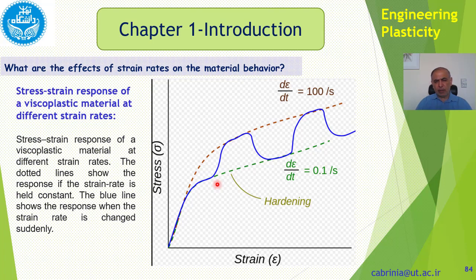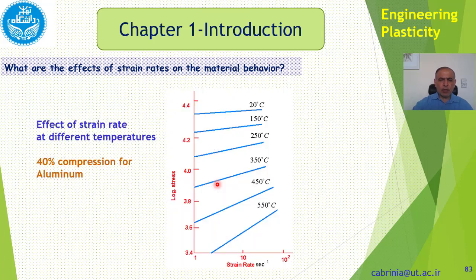So flow of materials at different strain rates, or dependence on the strain rate, or sensitivity to the strain rate, we call it viscoplastic. For instance, in the previous slide I showed you here that this is not sensitive. So this is not a viscoplastic material.